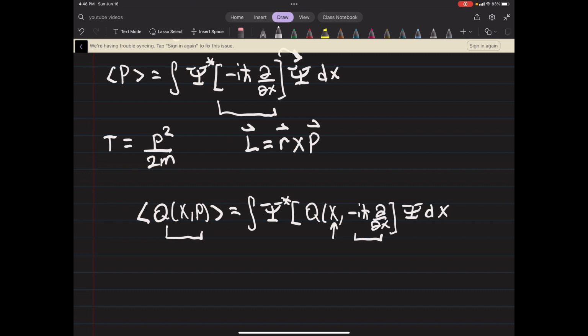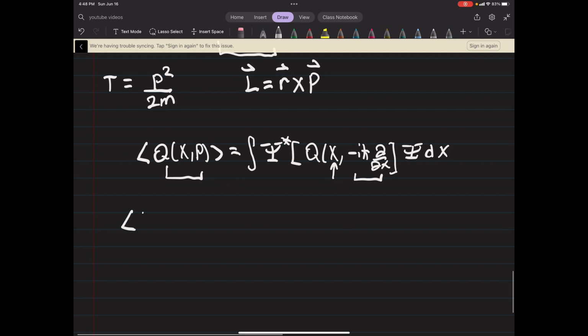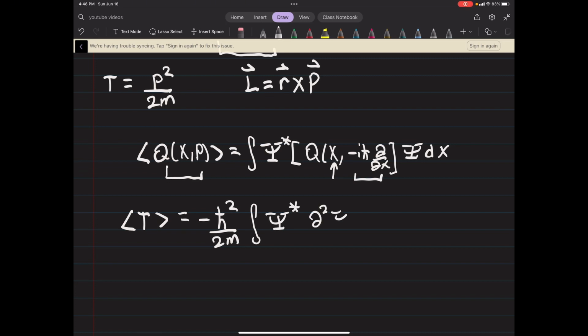So, for example, if you wanted to calculate the expectation value of kinetic energy, that would be minus h bar squared over 2m, the integral of psi star times the second derivative of psi with respect to x dx.